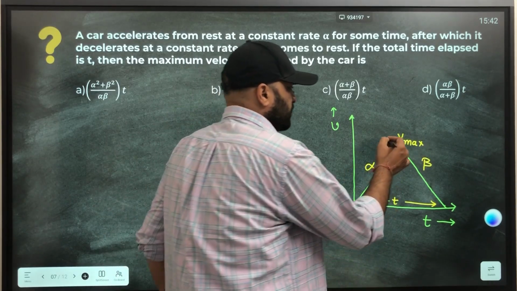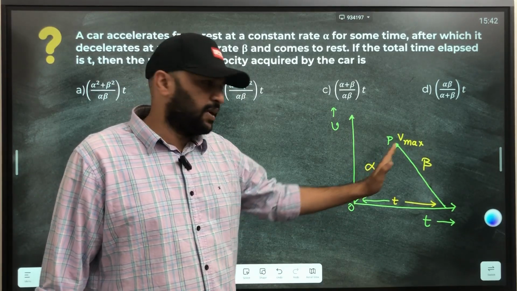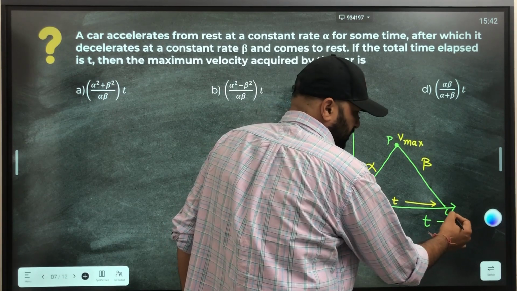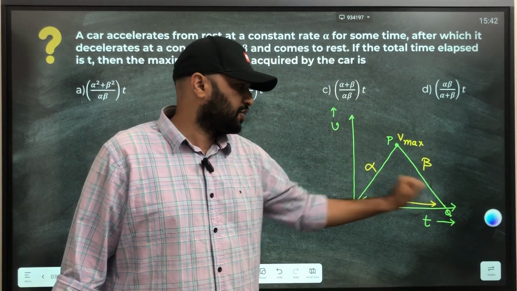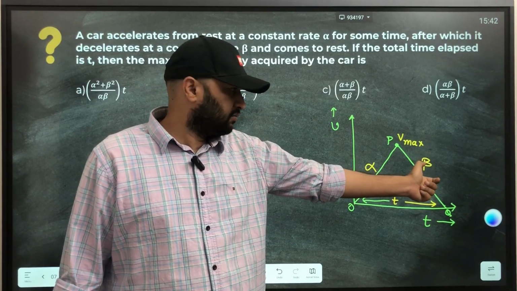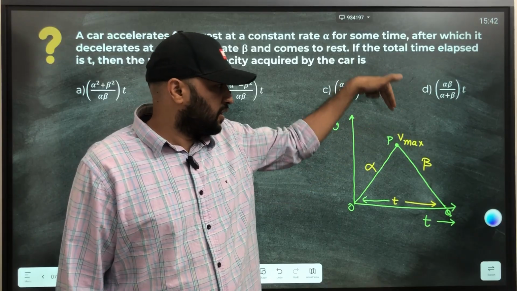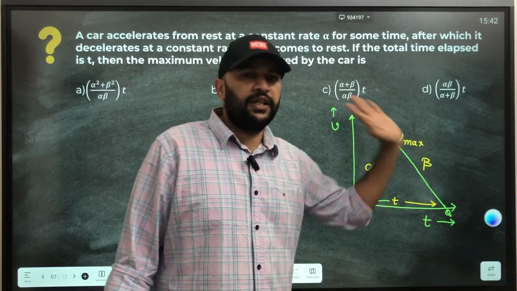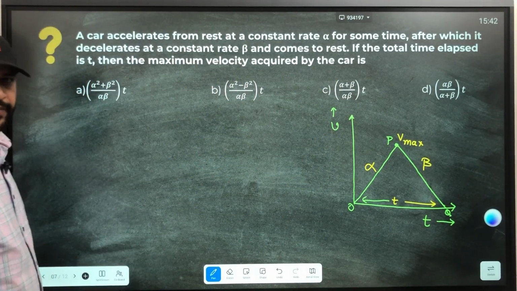Let me call this point P. While going from O to P, acceleration is alpha and maximum velocity is Vmax. While going from P to Q, let's say this is Q, in this part of the journey, deceleration is beta, and it is coming to rest at Q, and the velocity keeps on decreasing. The whole journey is covered in time t. Clear? We have to find the value of Vmax. I hope the question is clear, right?